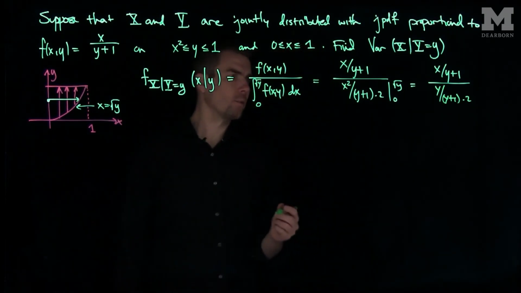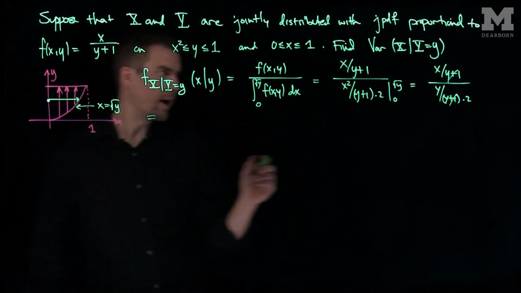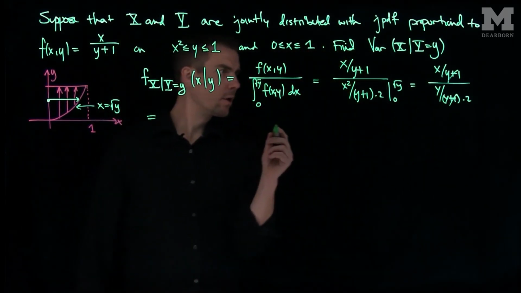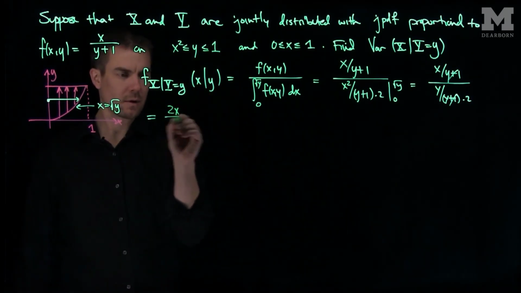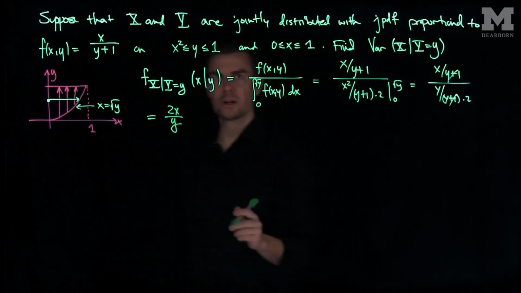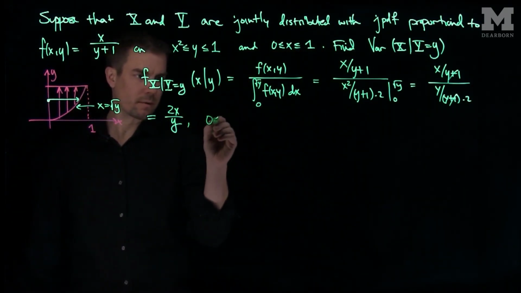And if we simplify this, the y plus 1s are going to cancel, and this 2 in the fraction will go on top. So 2x over y is our conditional density function. And this, of course, is valid if y is between 0 and 1.